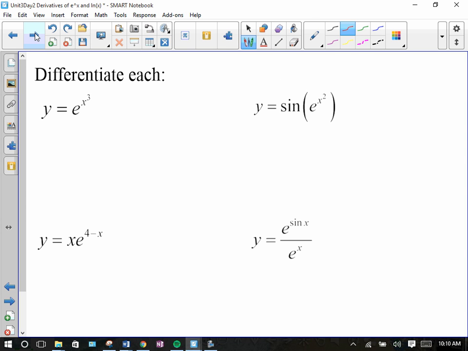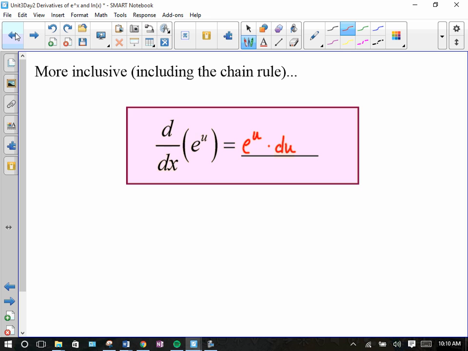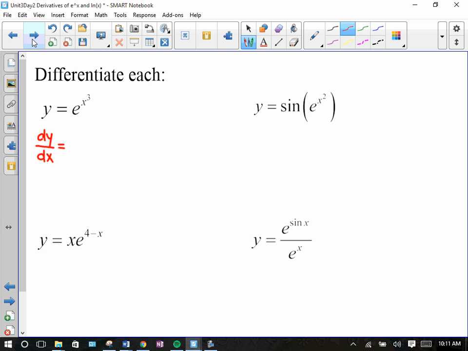We're looking at this one right here: y equals e to the x cubed power. So dy/dx will be equal to e to the u, so e to the x cubed power, times the derivative of u.